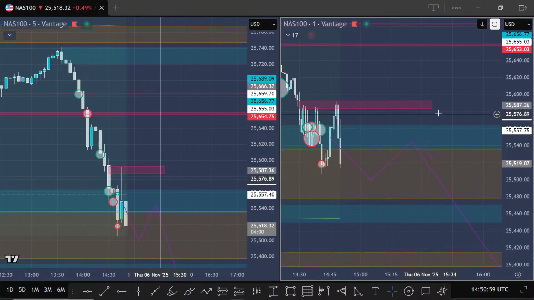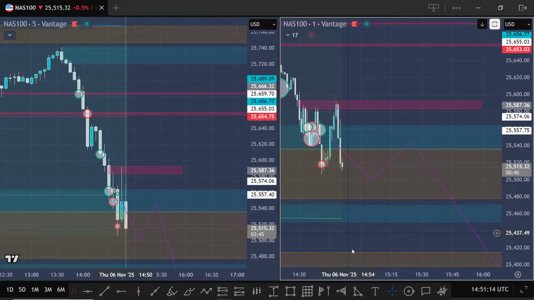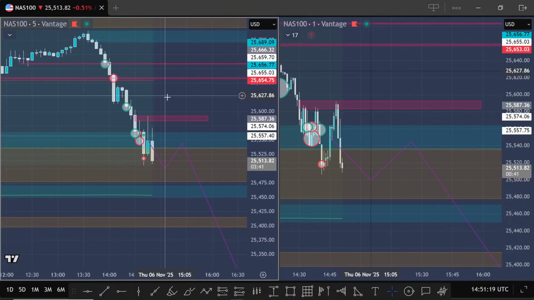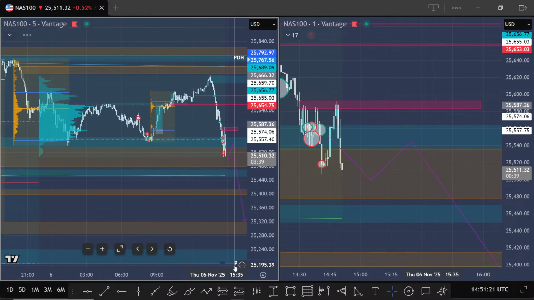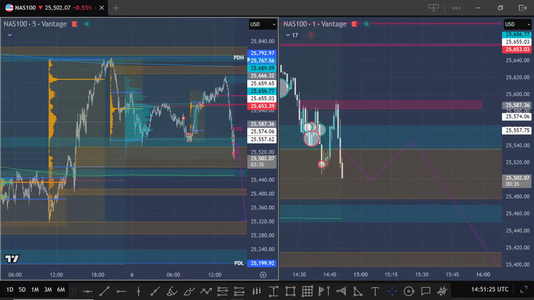This is still an interesting level. I'm still not in a trade as far as I can see. As far as I'm concerned, we're still okay.